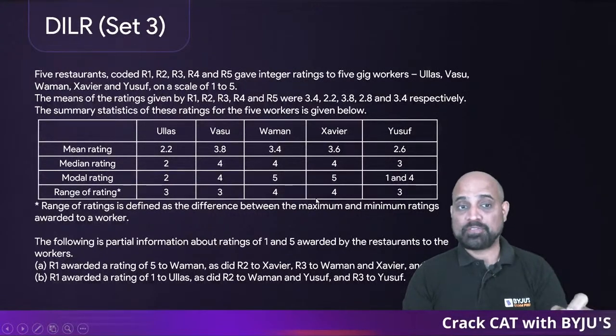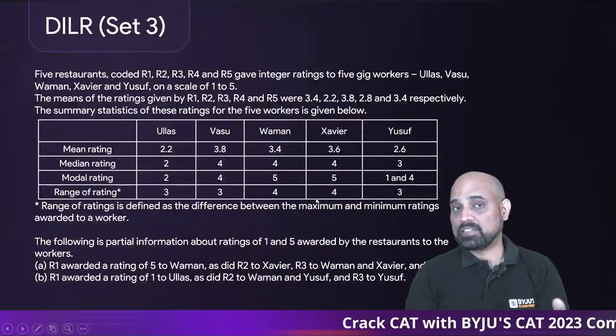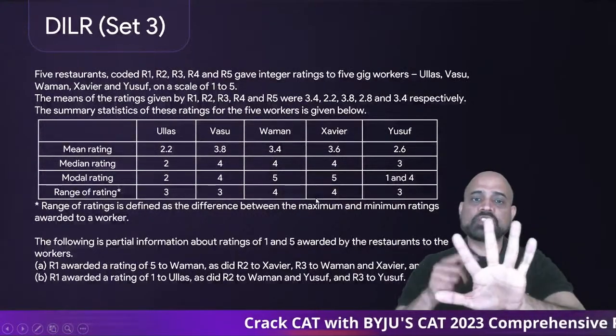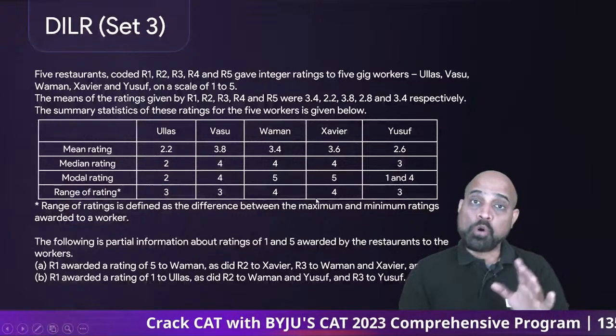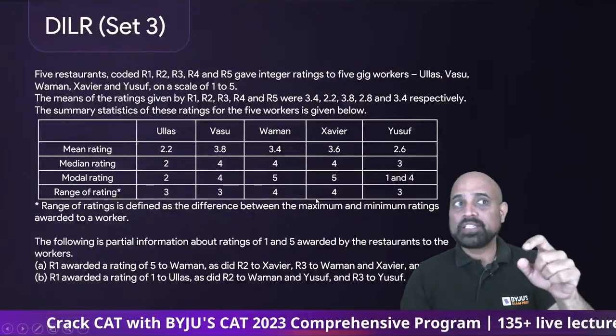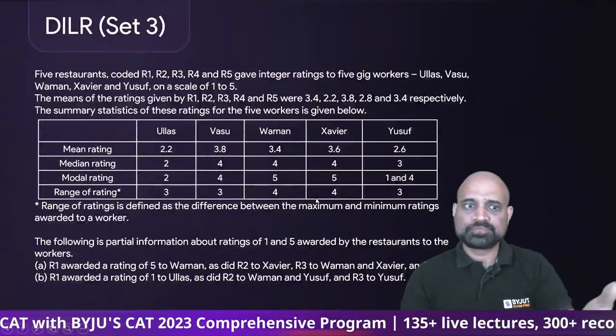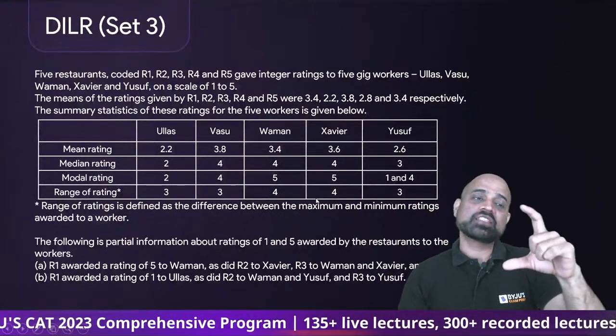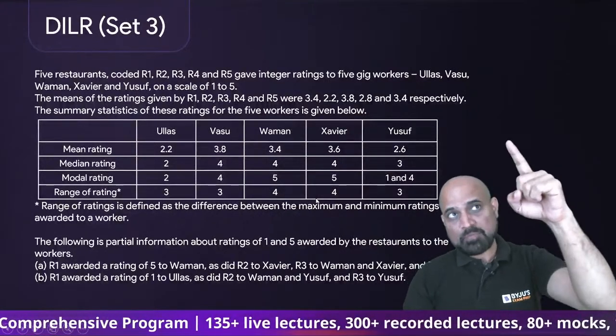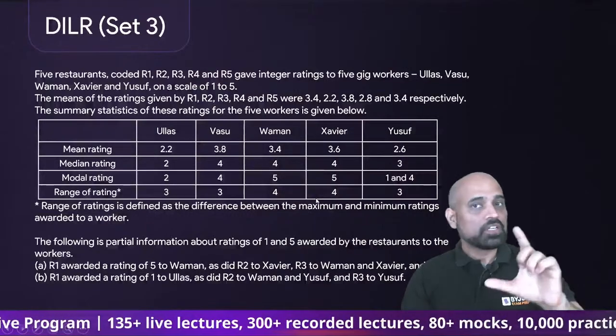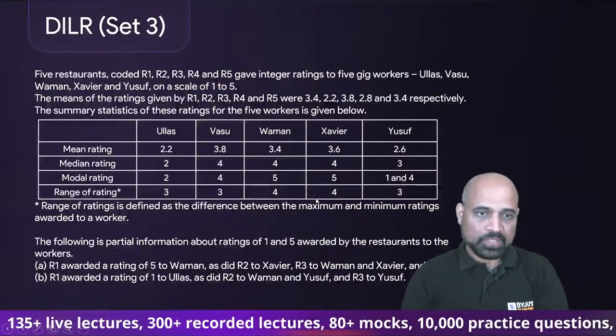Mean मतलब average of these 5 people. Median means middle value. 5 में से सबसे बीच वाला. Modal rating as in that number that you see most number of times. Range of rating. Range is calculated as the maximum number minus the smallest number. So the difference of maxima and minima.